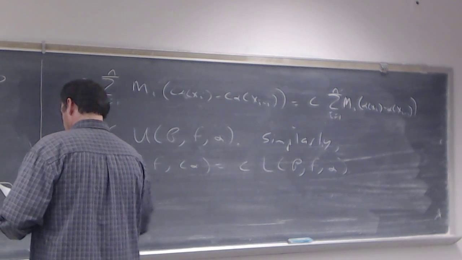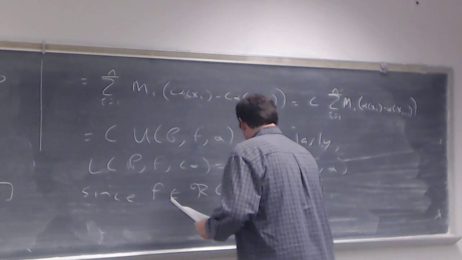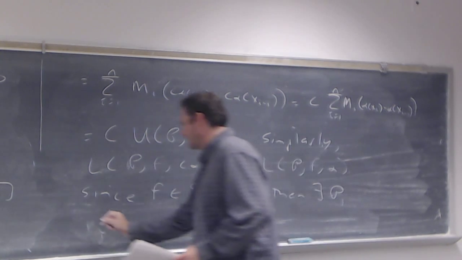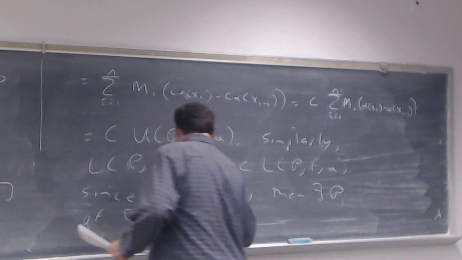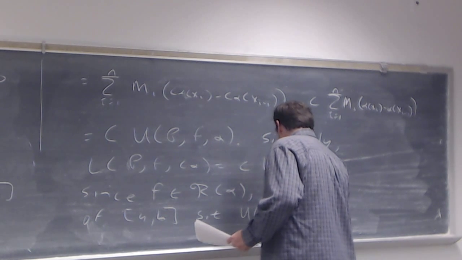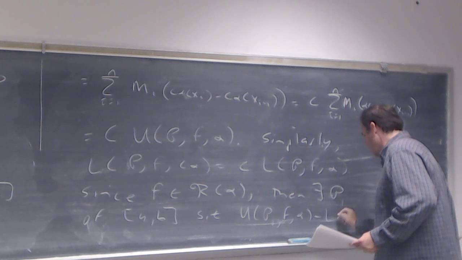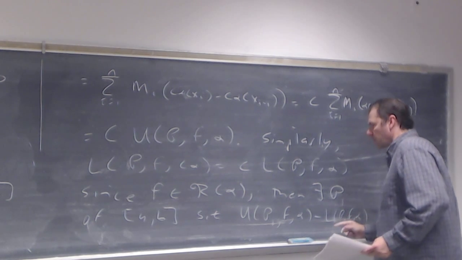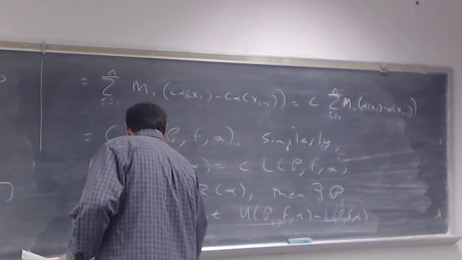Okay, now since f is Riemann integrable with respect to alpha, there exists a partition P sub 1 of a to b such that the upper sum with P sub 1, f, and alpha minus the lower sum with P sub 1, f, and alpha is smaller than any positive number that I want, and I'm going to say that's less than epsilon over c.